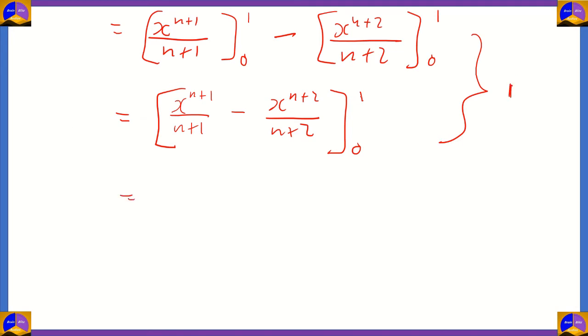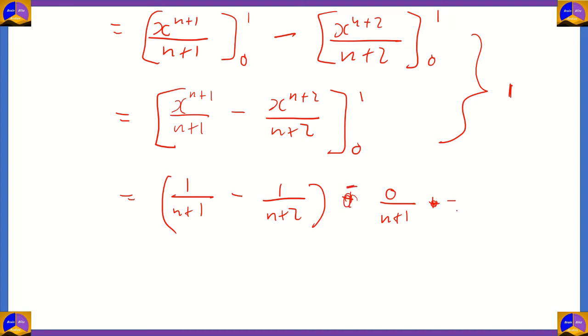And now let's substitute the limits here. So when you're substituting 1, it becomes 1 divided by n plus 1 minus 1 divided by n plus 2, minus 0 by n plus 1 minus 0 by n plus 2.